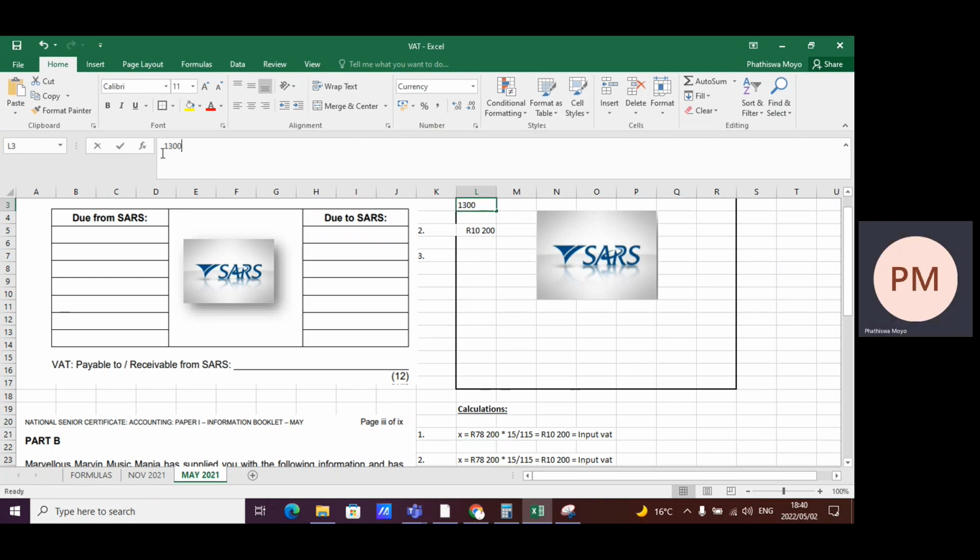Here you should be having a minus for this VAT refundable. You should be having a minus. It's VAT refundable.